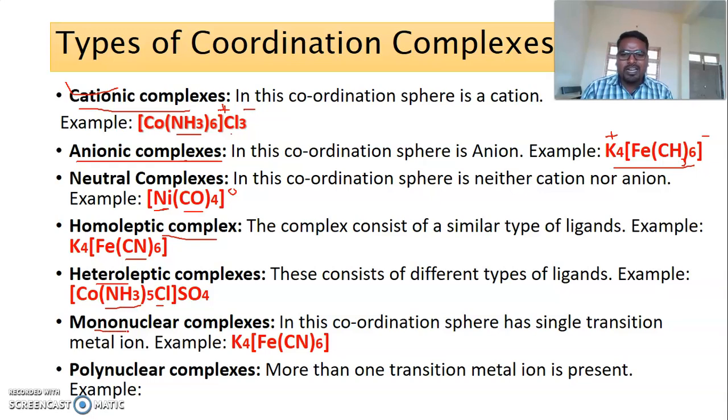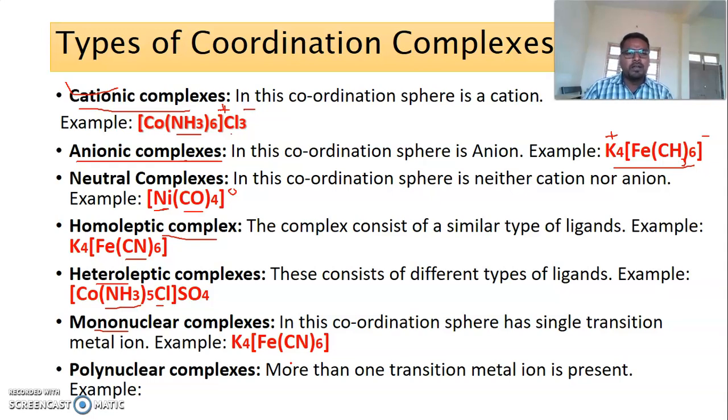And mononuclear and polynuclear complexes. This classification is based on the nature and number of different types of metal present in the coordination sphere. We studied only one type of central metal ion present in a coordination sphere.